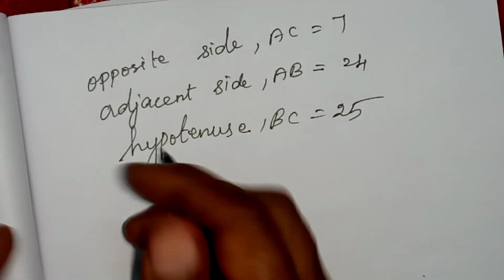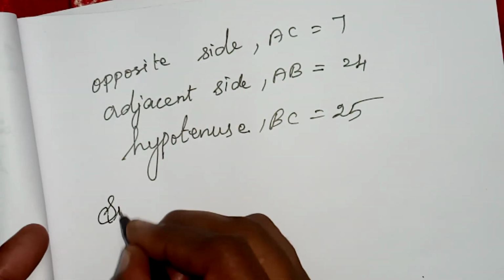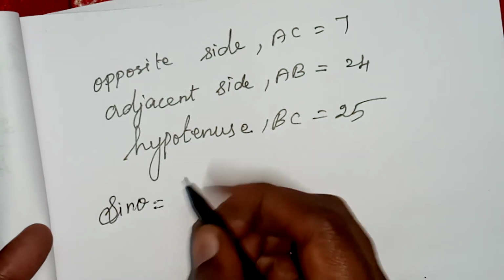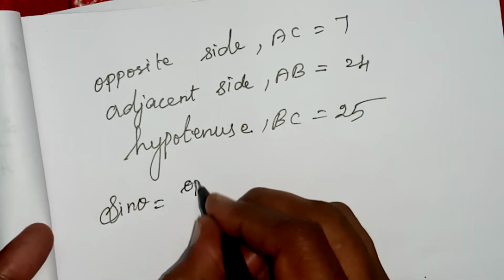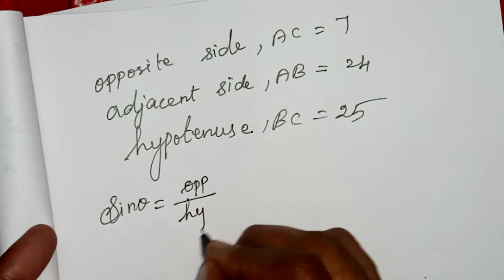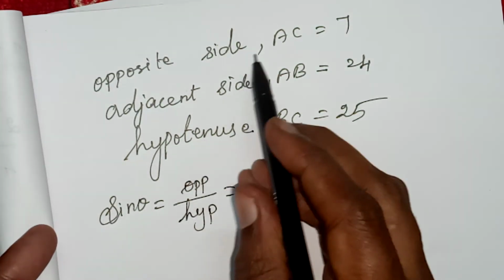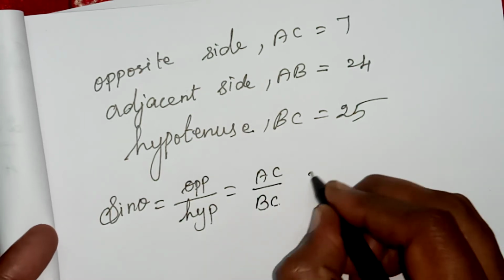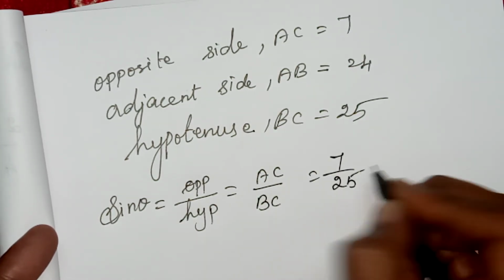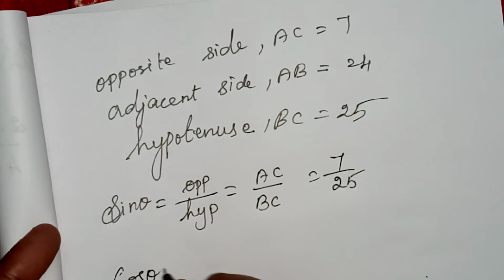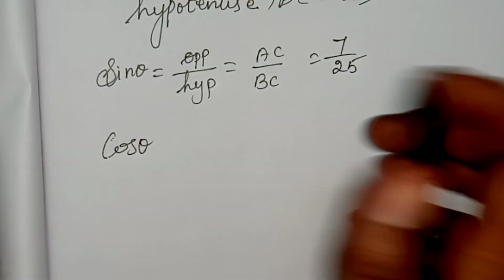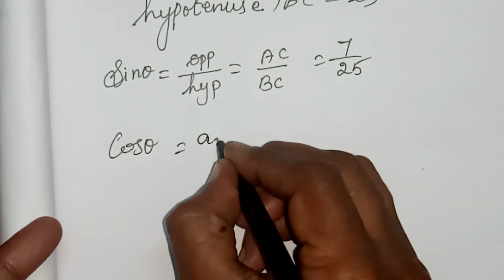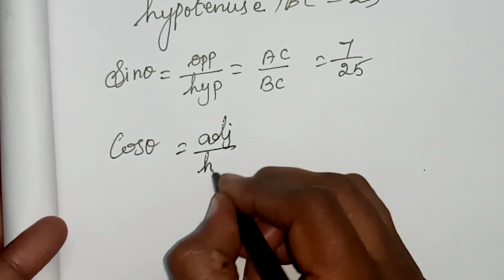First, sin theta. Sin theta is equal to opposite side by hypotenuse. That means what is the opposite side? AC. AC by BC is equal to 7 by 25. Next, cos theta is equal to adjacent side by hypotenuse.